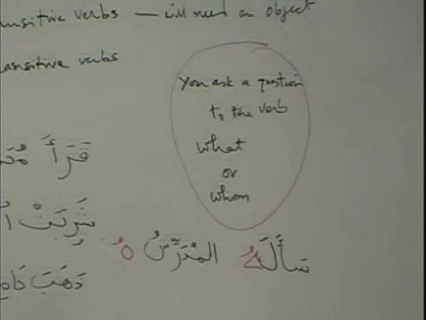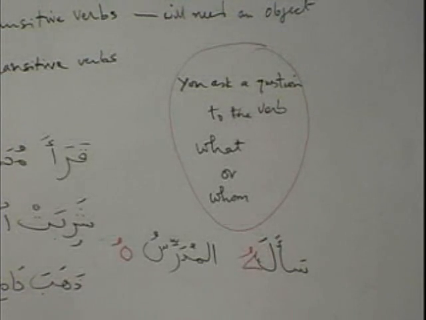Now, I want to attach all the 14 pronouns with this verb. If you say sa'alahu al-mudarrisu, what is the translation? The teacher asked him. Now we start our 14 pronouns. Sa'alahuma al-mudarrisu. What's the translation? The teacher asked two of them.